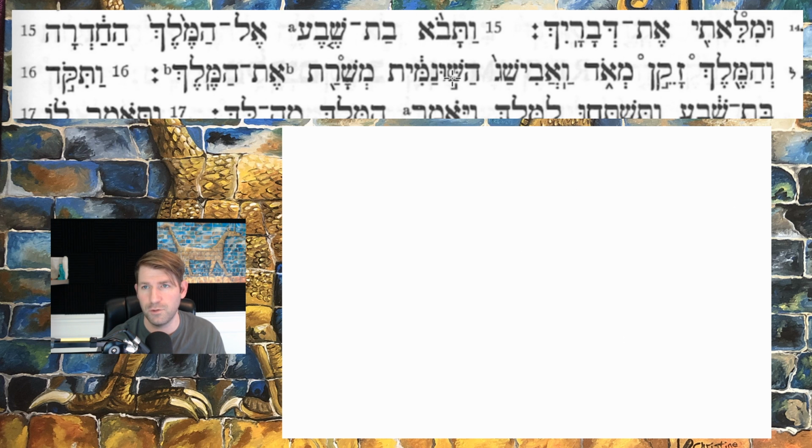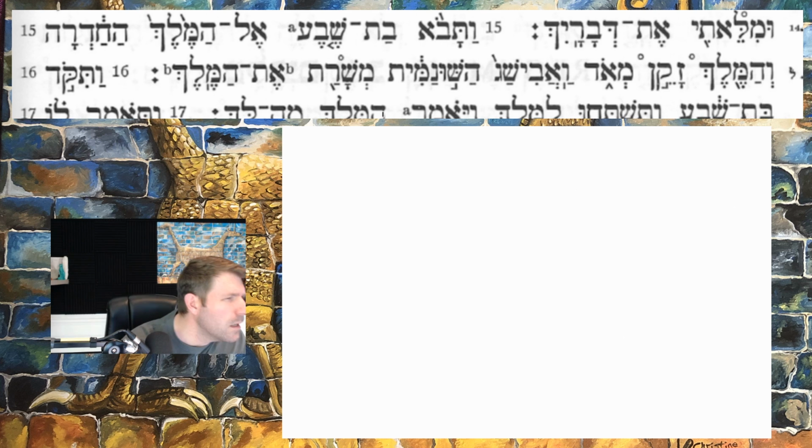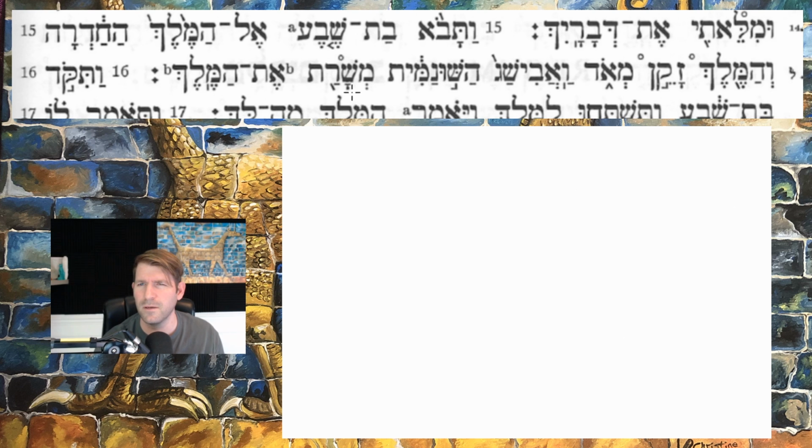V'avishag ha'shunamit mesharet. It's kind of small. I want it to be mesharet, but it looks like mesharat to me. Zoom in. I want it to be tsere there, but I can't see the points. Mesharet. I'm going to say mesharet because I think that's what it should be. Et hamelech.